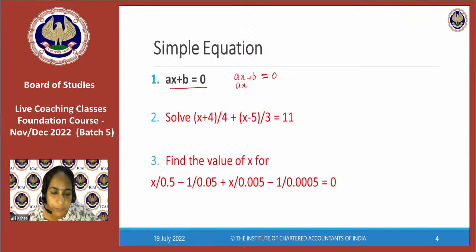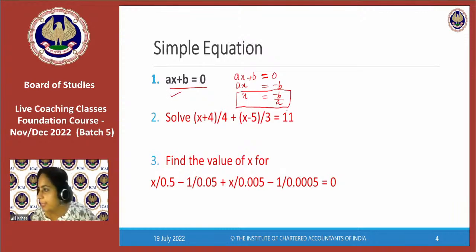So if we have plus b here, by going to the other side it becomes minus b. Then a is being multiplied with x, and on going to the other side, it becomes division. So the value that holds true for this simplest equation is minus b by a.